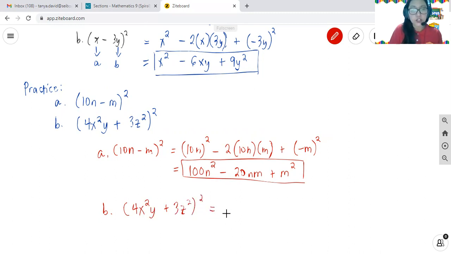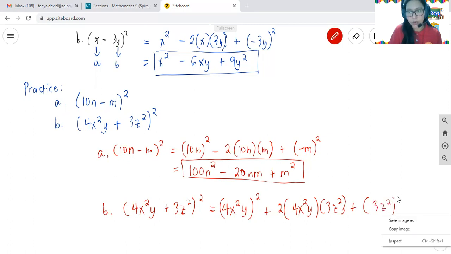So again, square of the first. So 4x squared y squared plus twice of 4x squared y times 3z squared plus the square of the last. So 3z squared squared. Simplifying, we will have 16 because it's 4 squared, x to the fourth, y squared.